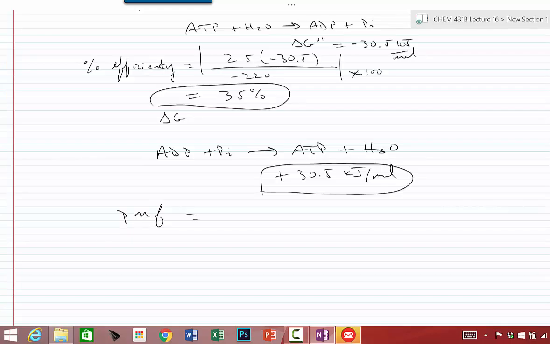I'll just say that: the electrochemical gradient stored in the proton gradient.